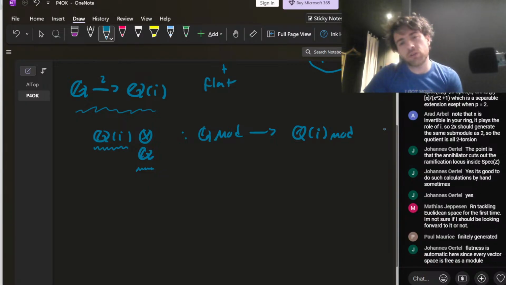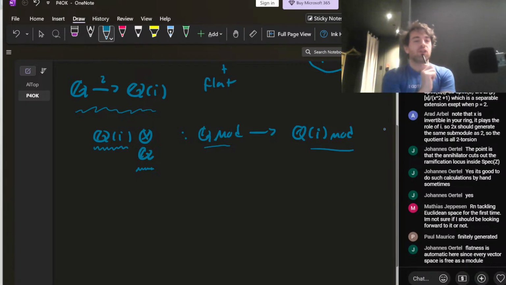But I suppose, I mean, I agree. It's nearly exact, but technically we're going from Q modules to Q(i) modules, and so just saying that we have a free module. But free, sorry, you're right.